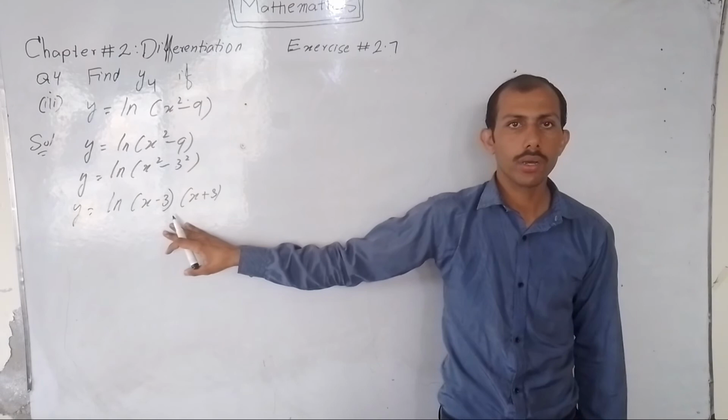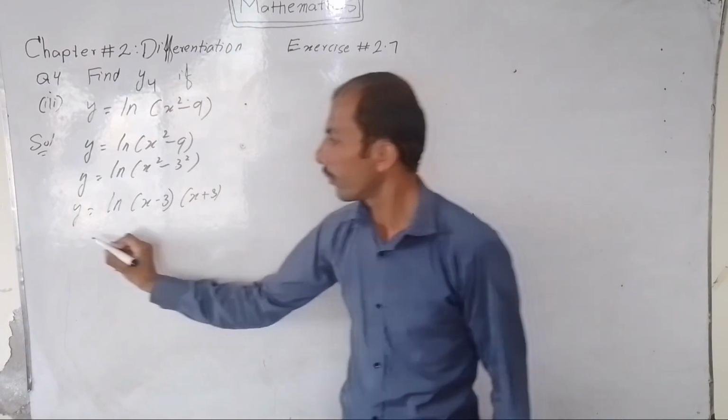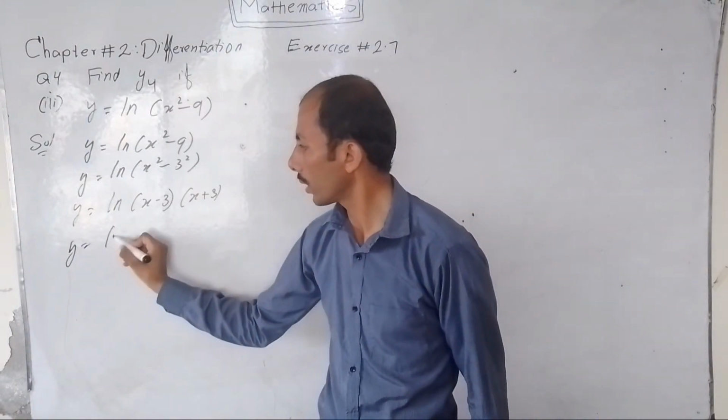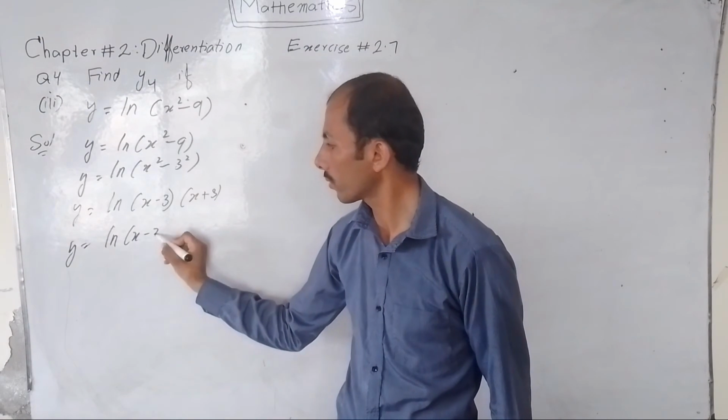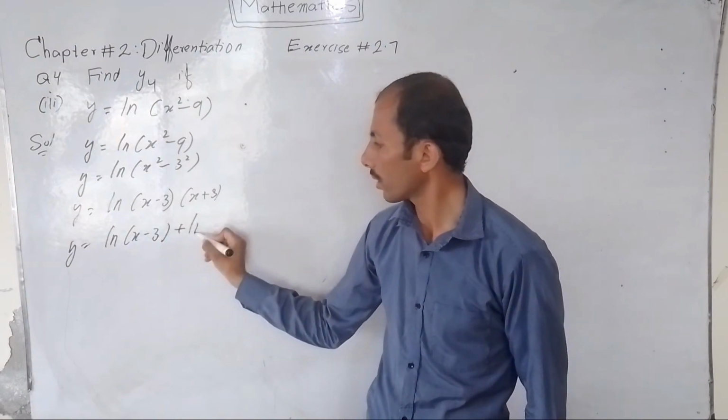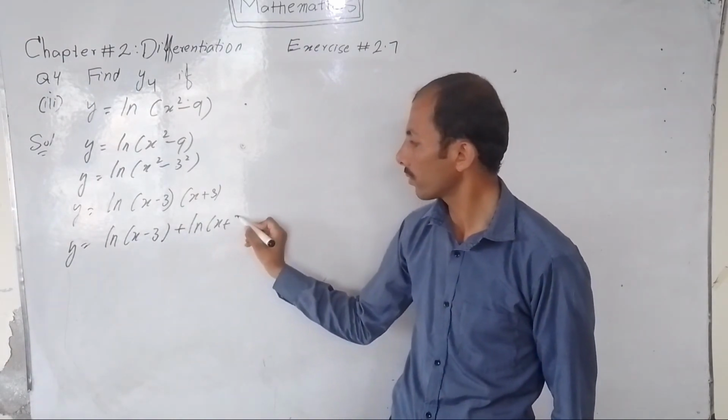By the property of natural log, y is equal to natural log of x minus 3 plus natural log of x plus 3.